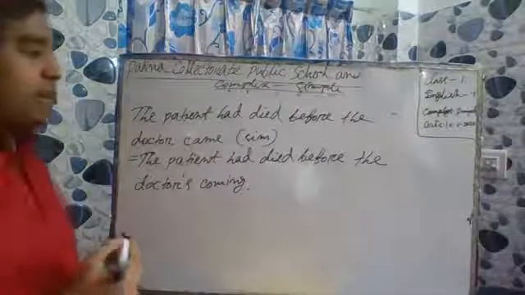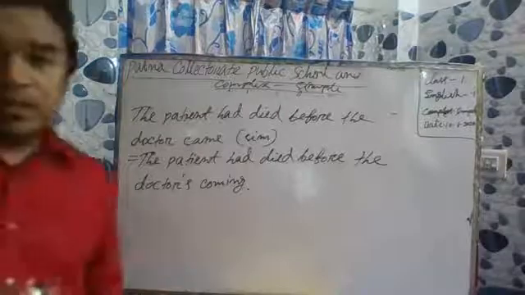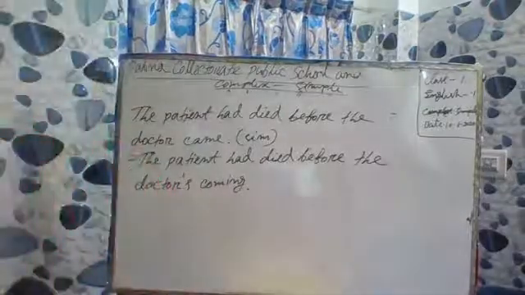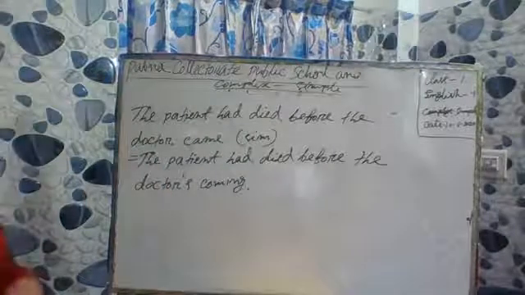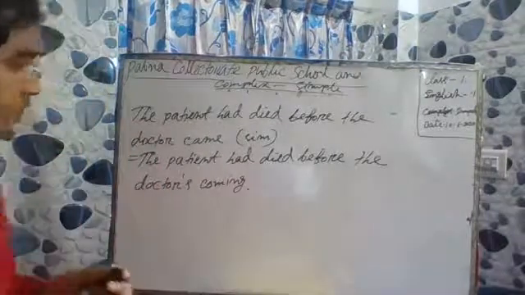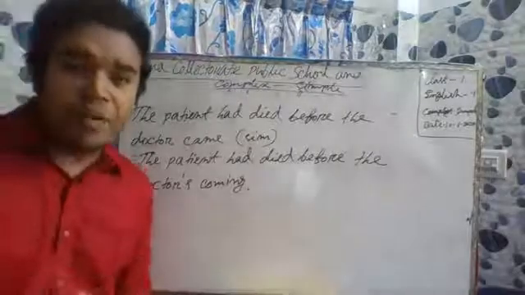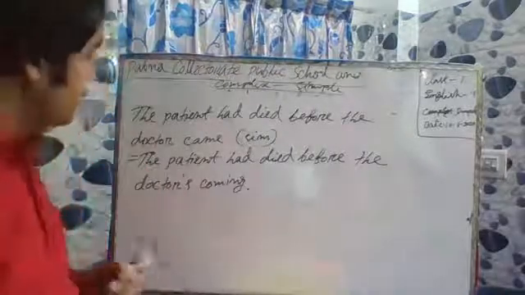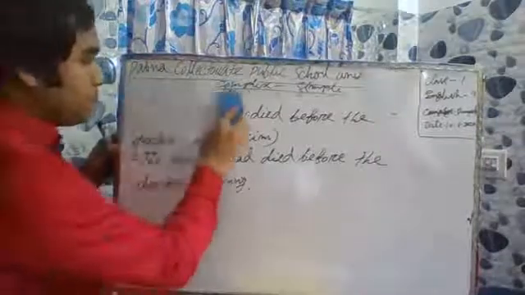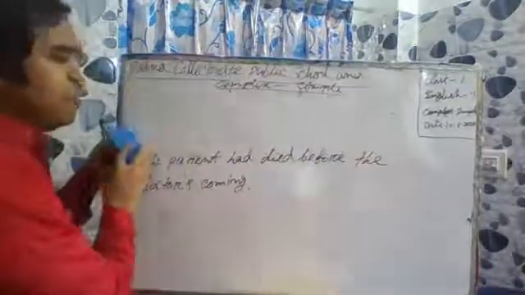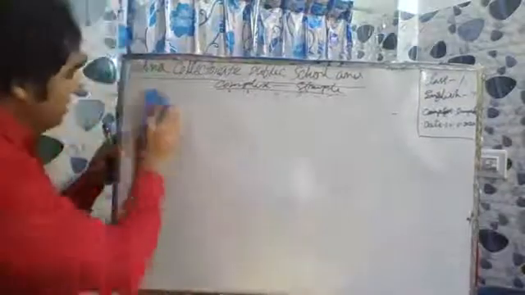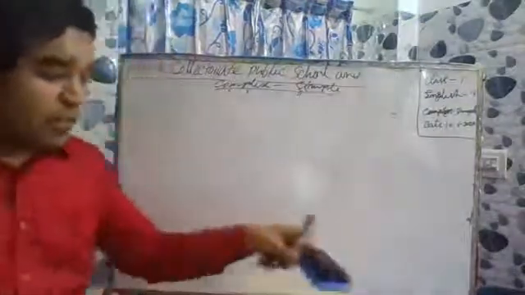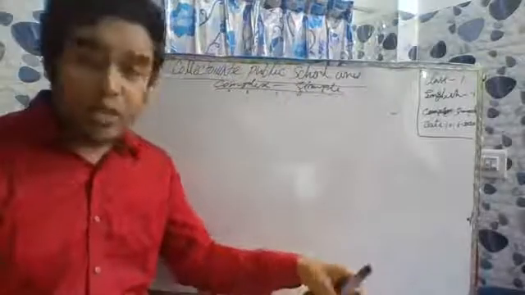The patient had died before the doctor's coming. Hope you have understood. Hope that you have written this. And if you miss this part, you can watch the video later on, because you know that we have only 30 minutes and we have to do a lot of activity.